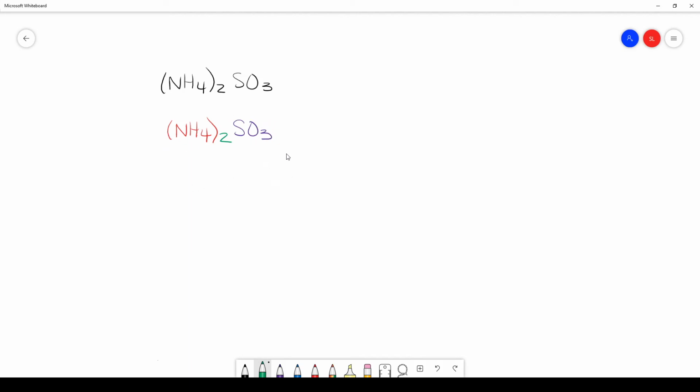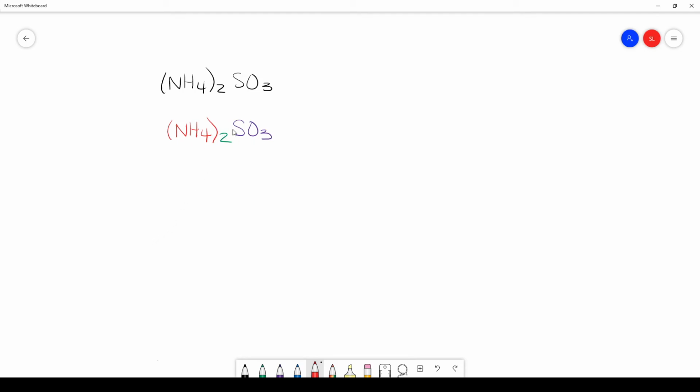So I have my chemical formula, and the next thing I want to do is simply write the symbols or molecular formulas in this case for the ions and write their charges. Now I already did that with the other set of examples. I need to do it here.